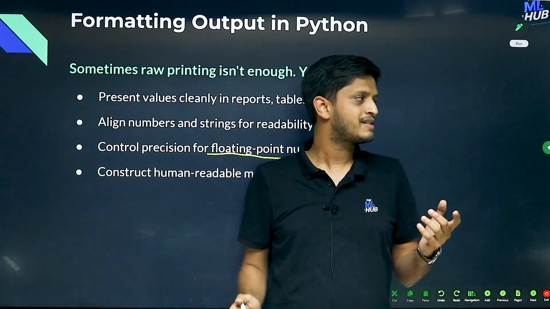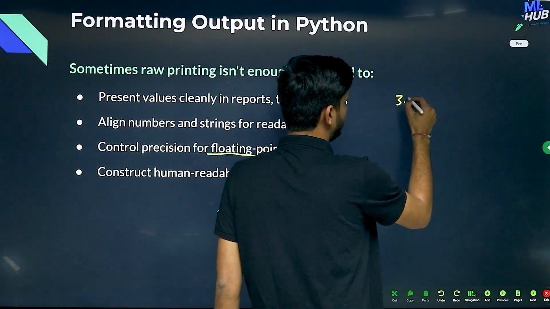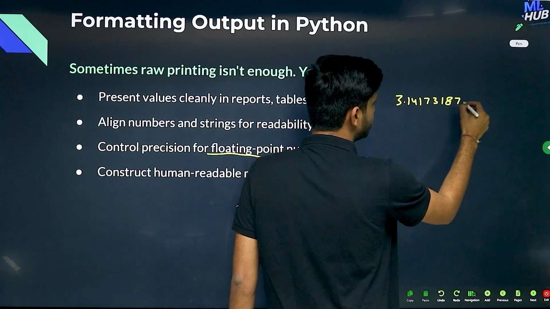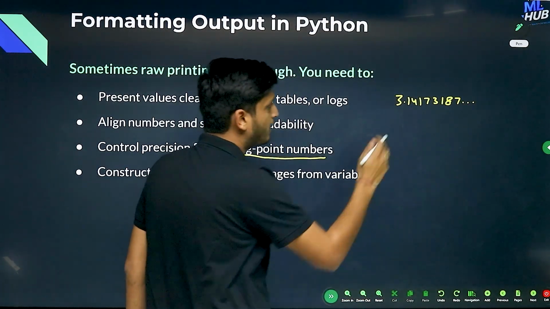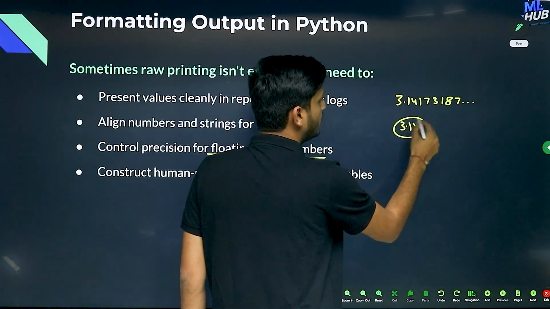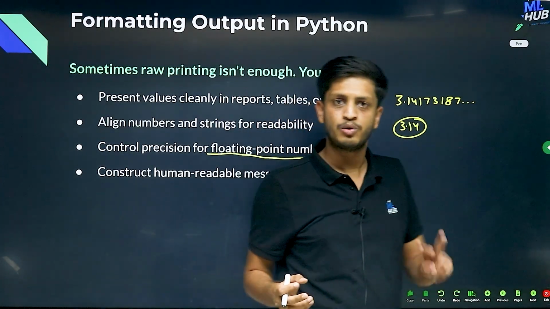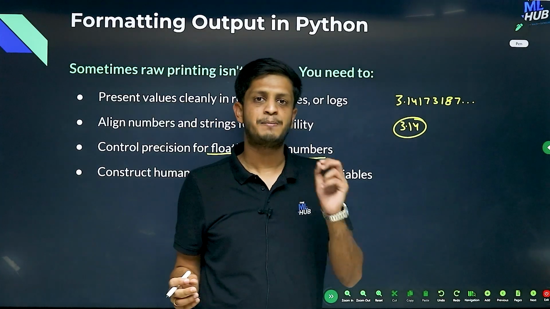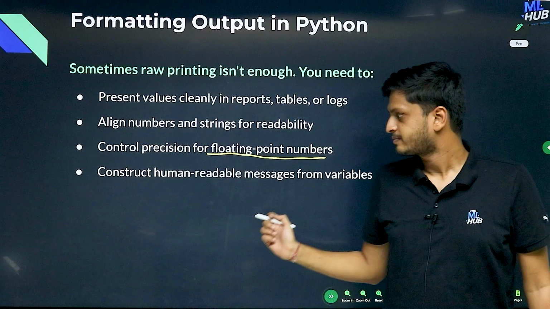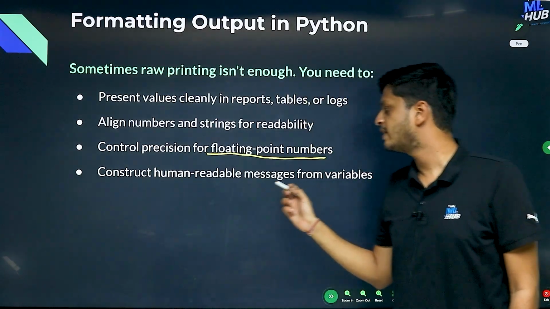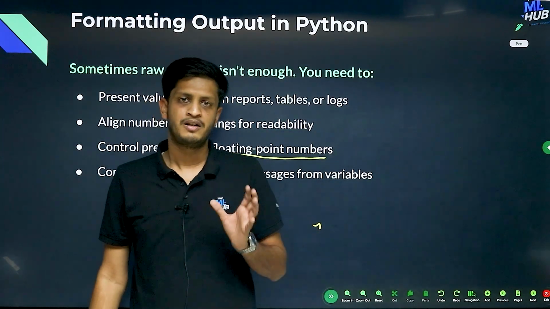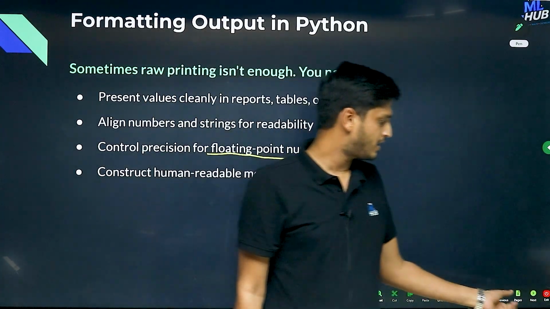Let us say a number is like 3.14173, something like that, a very large number, but I want to print it only to 2 decimal places like this. So how do I do that? I want to print every floating point number in 2 decimal places only. That is setting the precision of a floating point number. You can also control that. Or you want to construct human readable messages from variables. Essentially, when you want to beautify the output, you can use formatted outputs. So let us see how to do that.